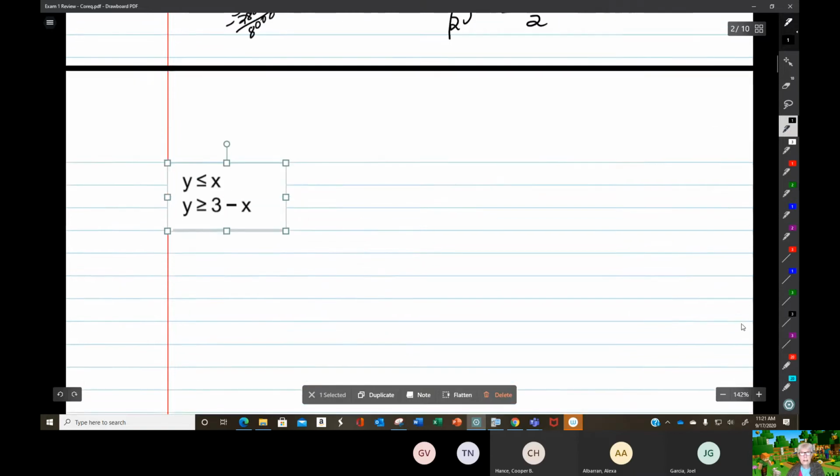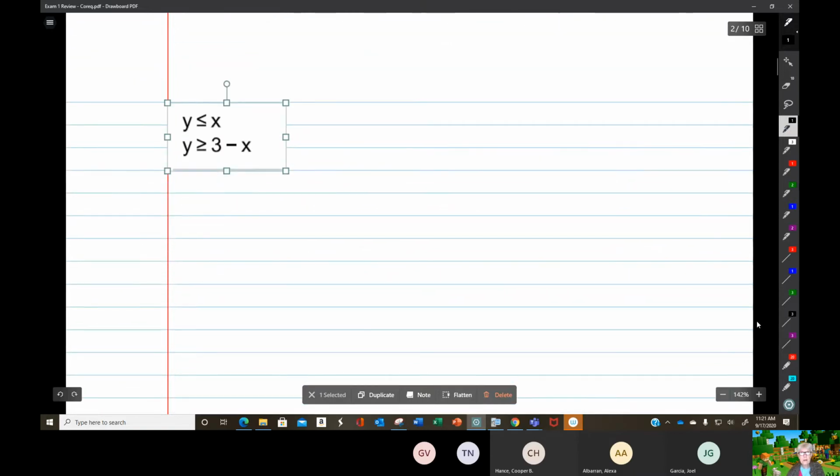The first thing you're asked, I noticed, is to find the vertex, and then you're asked to do the shading, which is kind of backwards, but let's do that first.